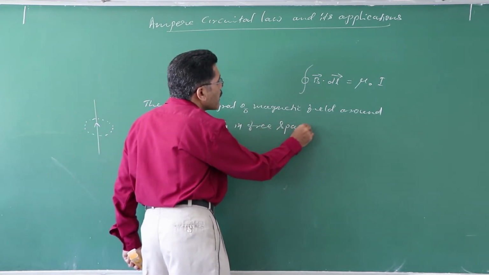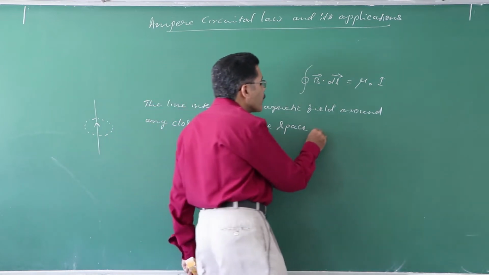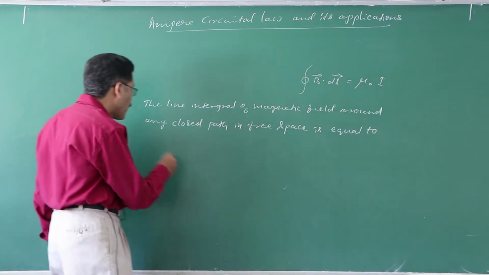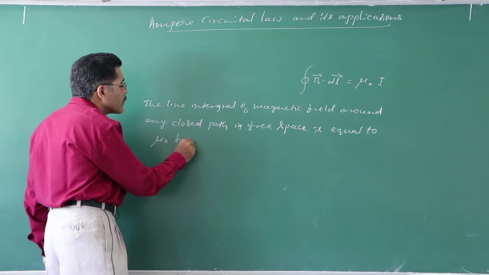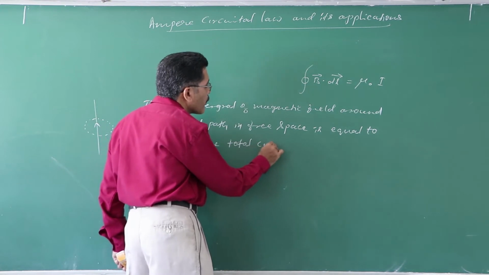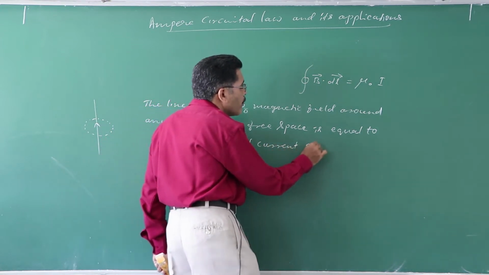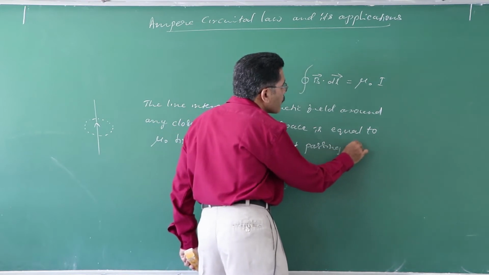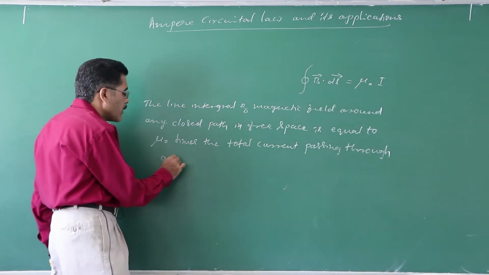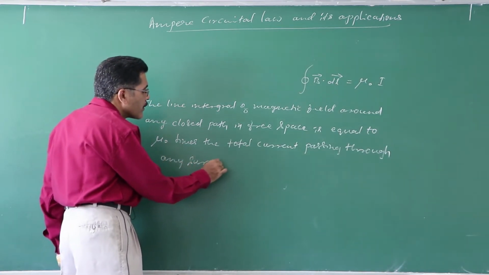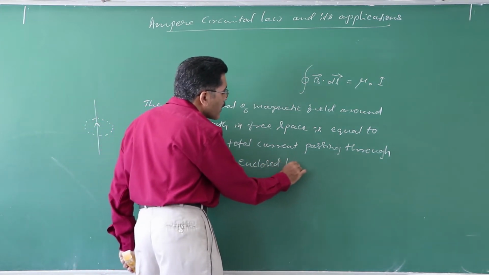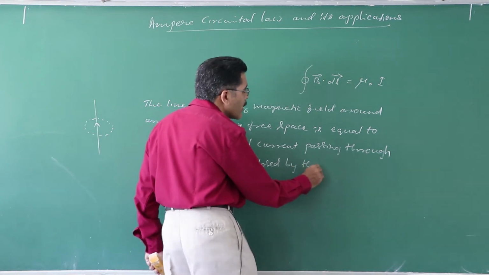around any closed path in free space is equal to mu naught times the total current passing through any surface enclosed by the path.